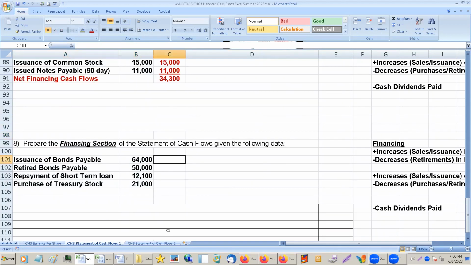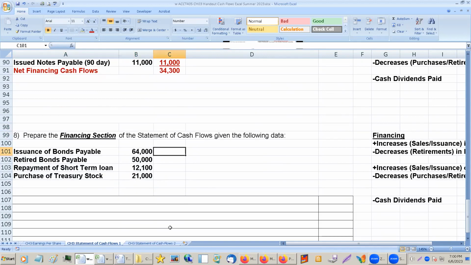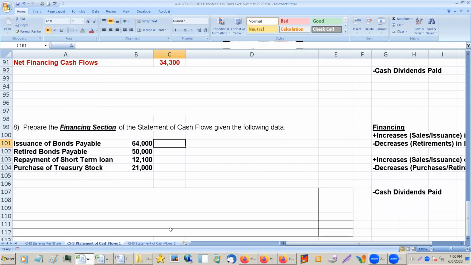So issuance of bonds. Plus or minus? Well, issued is the same thing as a sale.